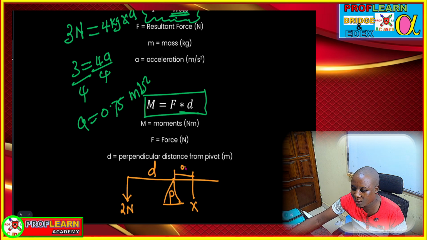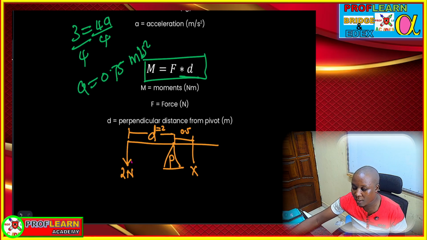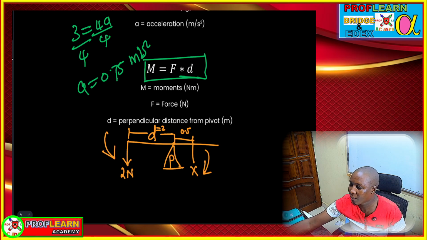So let's say this is 0.5, and if you have a distance here which is equal to 2, you can say clockwise moment equals anti-clockwise moment. Clockwise is this direction, anti-clockwise is this direction. So if you are working out the moment, in that case you are going to say clockwise moment.